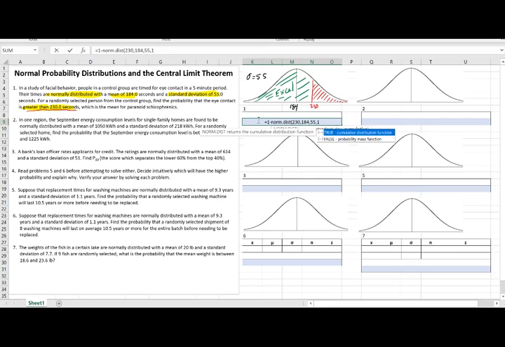In Excel, you could type the word true or use the word 1. So 1 minus the green area should give us the red area, which is the probability that x is greater than 230 seconds.